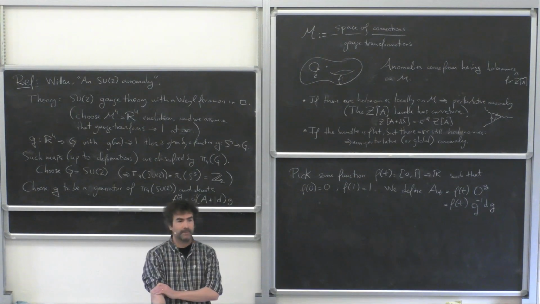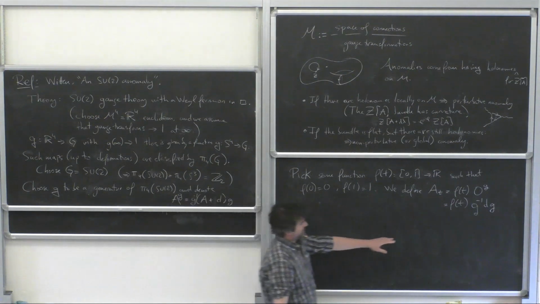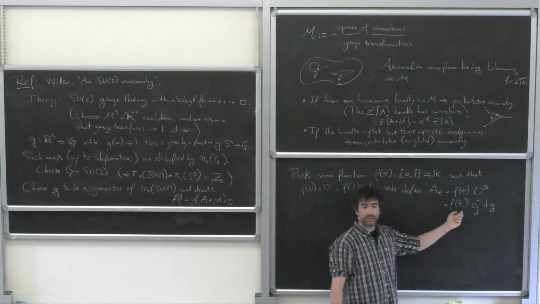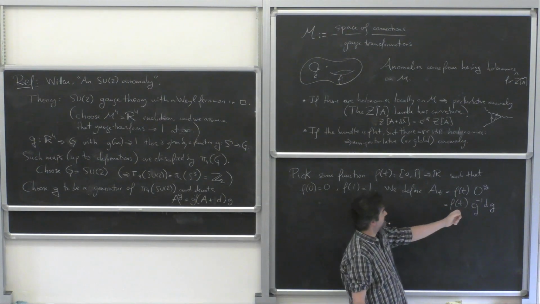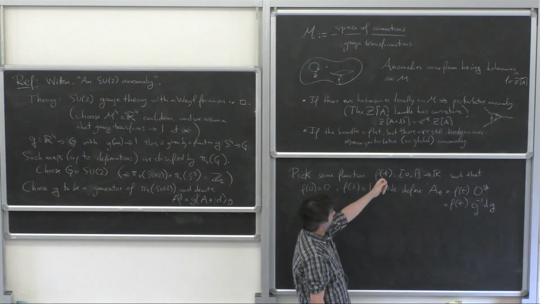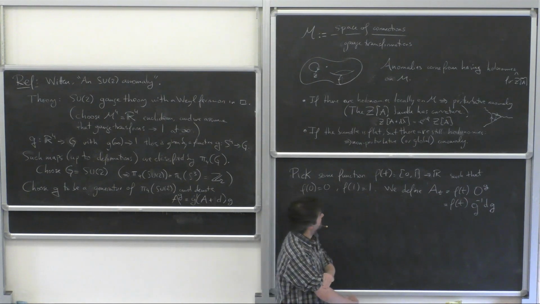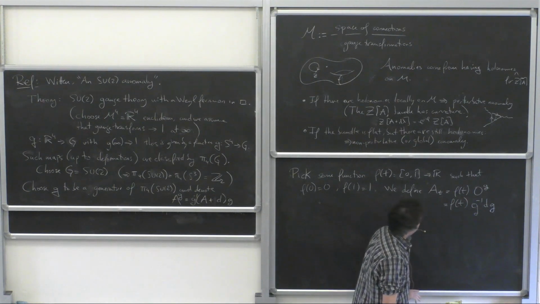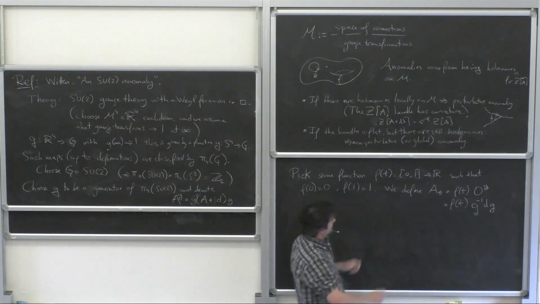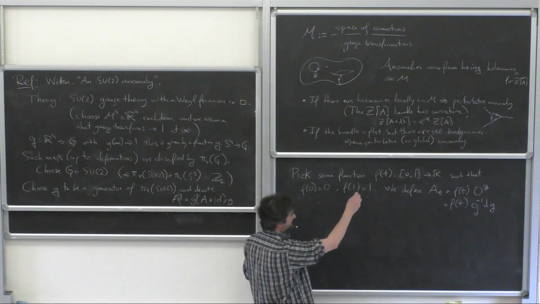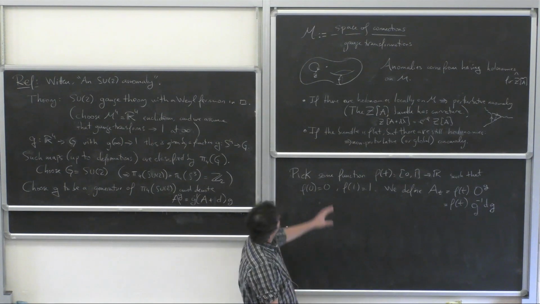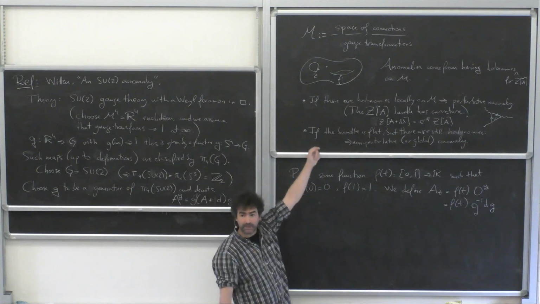I emphasize, despite the appearance, this factor here is very important. It tells me that this is only a gauge transformation whenever f of t is an integer. Well, it's 0 or 1, really. So at the endpoints of this, for some monotonic function, I have gauge transformations, but otherwise I don't. So I have a loop like that one.